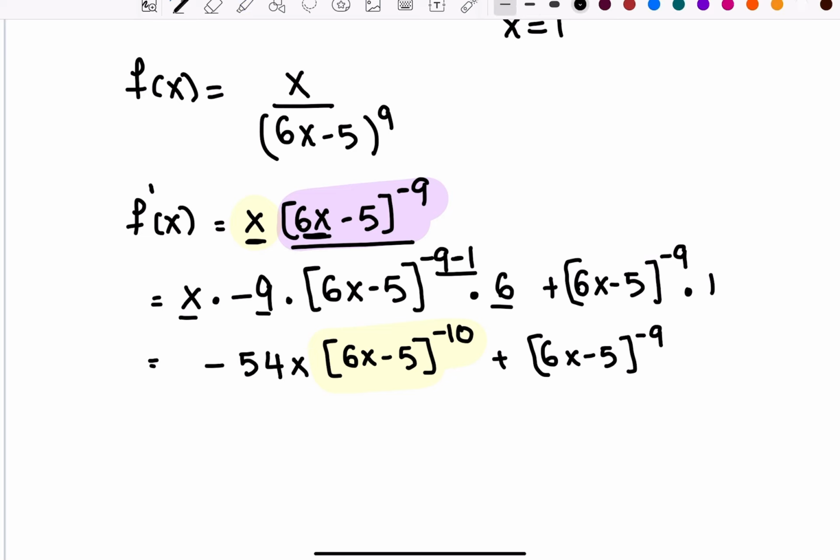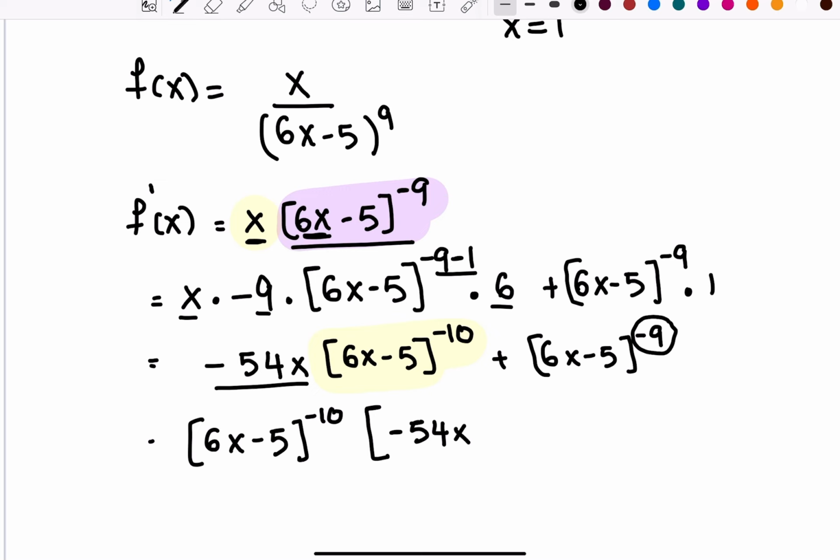This is what I'm going to do. This is negative 54x. Oops, I did not bring that down. So this is 6x minus 5 to the power negative 10. When I bring this out, what am I left with? Negative 54x. But this is negative 9. So if I take out negative 10, look what I'm going to have. I'm going to have 6x minus 5. Now you might say, Miss, how?